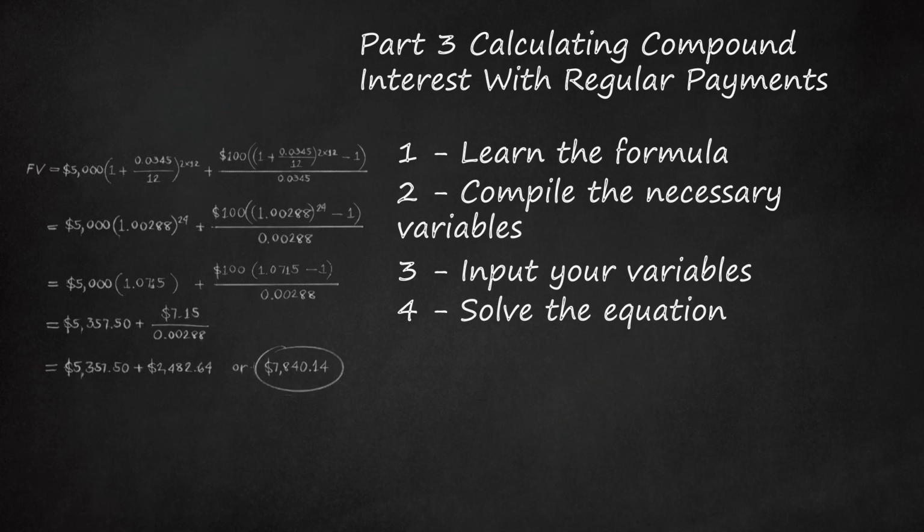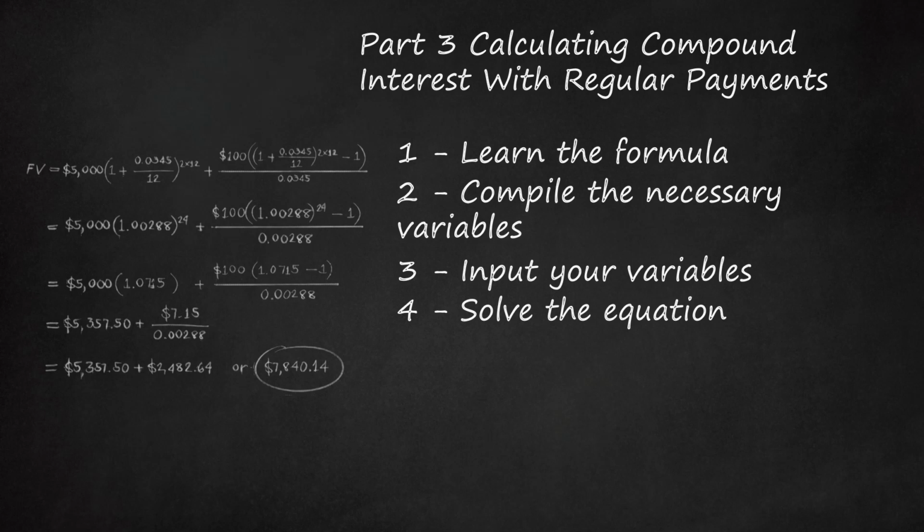This gives FV = $5,000(1.00288)^24 + $100((1.00288)^24 - 1)/0.00288.